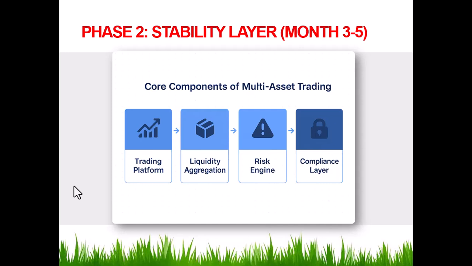Then number two, which is the liquidity aggregation, you have to make sure that the prop firm is within your budget. If your target is to buy a 10k account with $50, make sure you research a prop firm whose 10k account is within your budget.